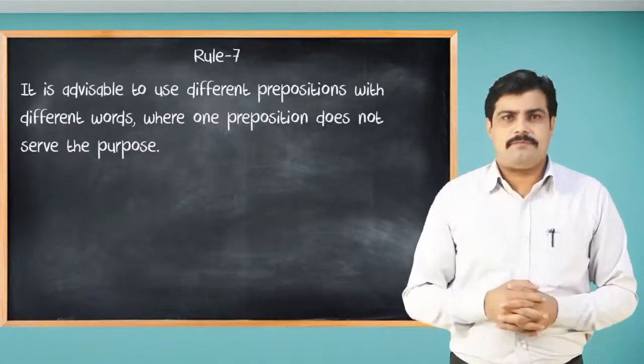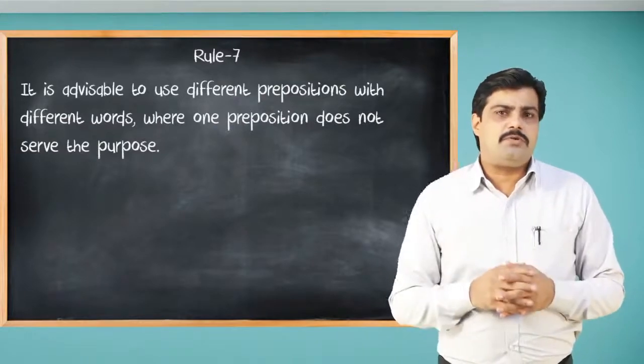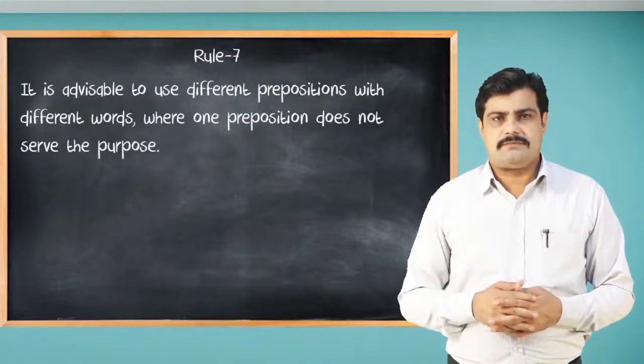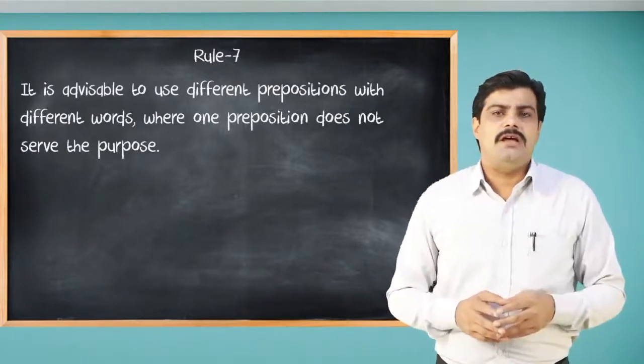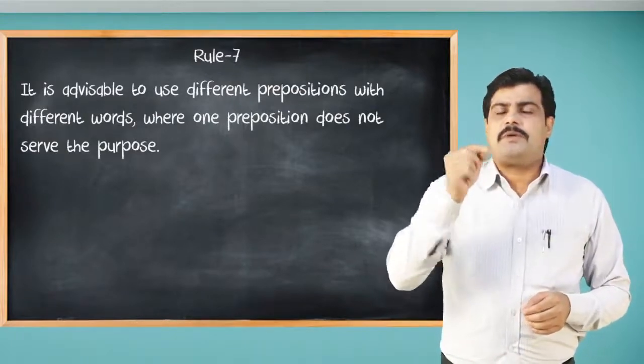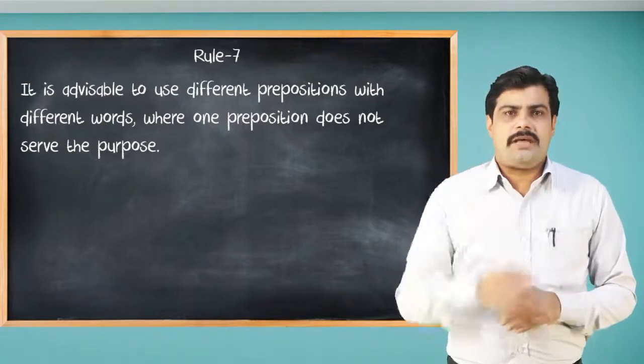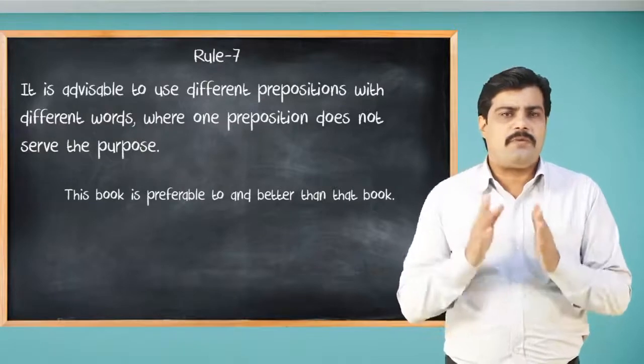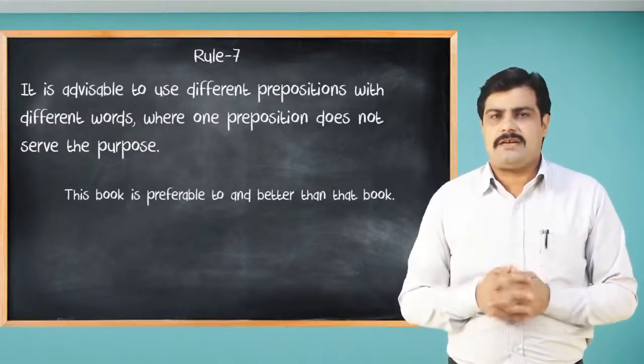Rule number 7. It is advisable to use different prepositions with different words, where one preposition doesn't serve the purpose. For example, now in this sentence there are two words, "preferable" and "better".